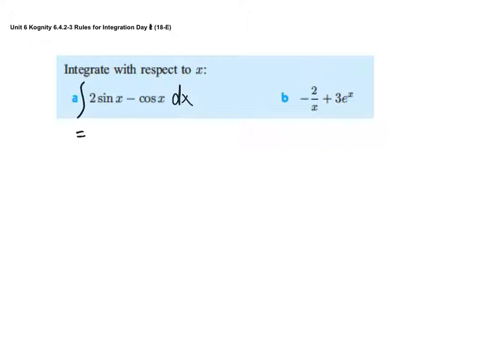And as we've already seen, if you have a constant times the function inside your integral, you can pull that out. So I could rewrite this as 2 times the integral of sine x dx minus the integral of cosine x dx.